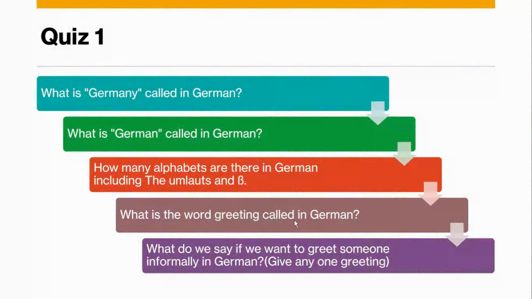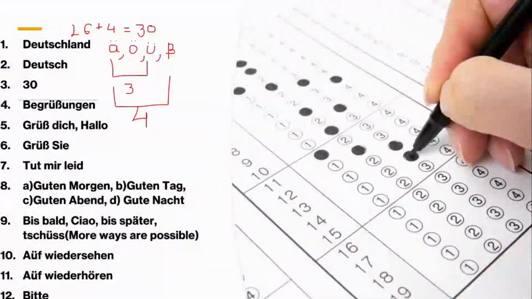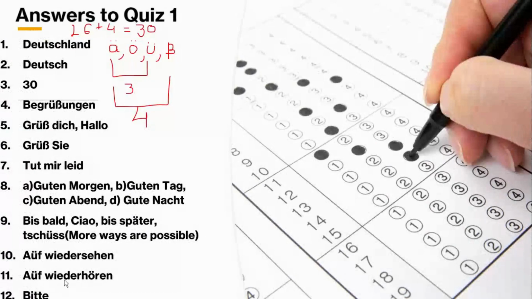What is the word greeting called in German? The answer is Begrüßungen. So let's say I have given a big word to you like Begrüßungen. How are you going to pronounce it? This word looks scary, but it is very easy to pronounce.